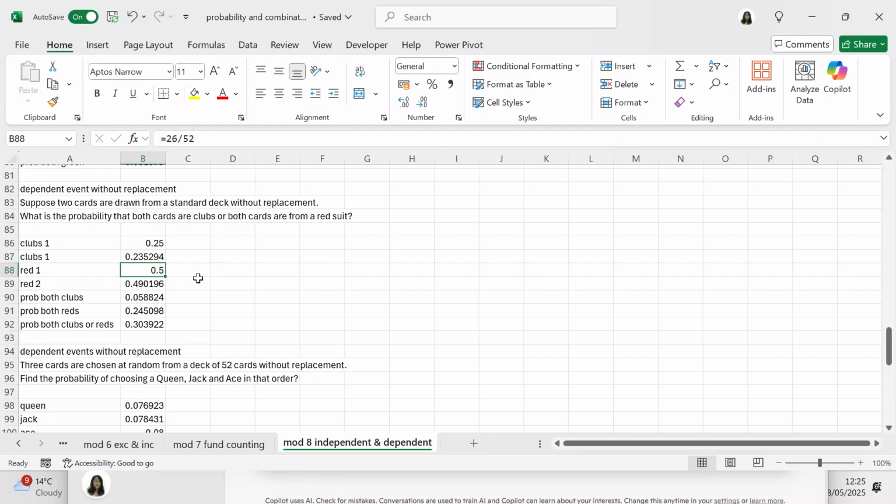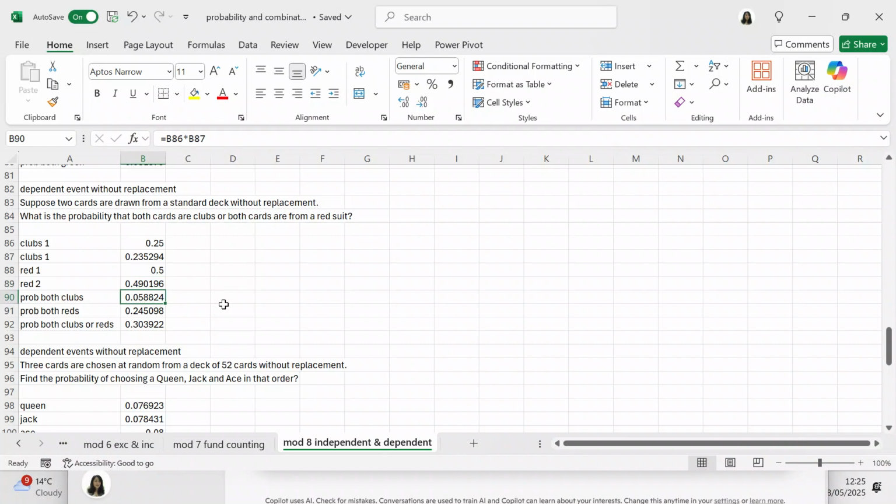Probability of red 1 is going to be 50% because it's 26 divided by 52. Probability of red 2 is going to be 25 divided by 51, which is 49%. So it's 26 minus 1 divided by 52 minus 1 because the card that has initially been drawn has not been replaced.